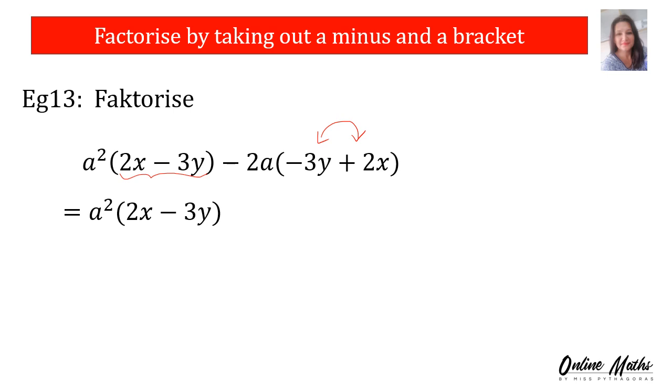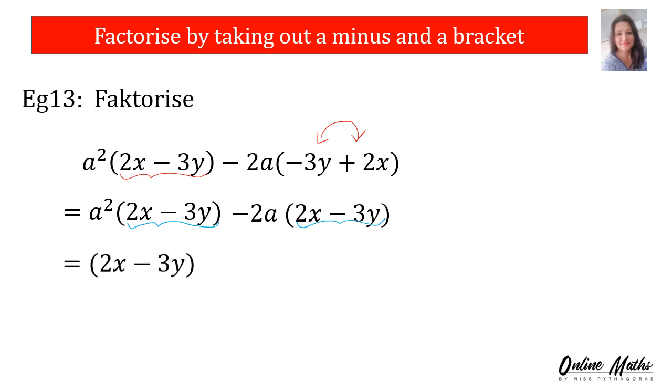There is the first term, and then on the second one, I will write it as 2x minus 3y. So can you see I've done absolutely nothing to the terms. Just by rearranging it, everything fell in place. So now the two brackets are exactly the same.